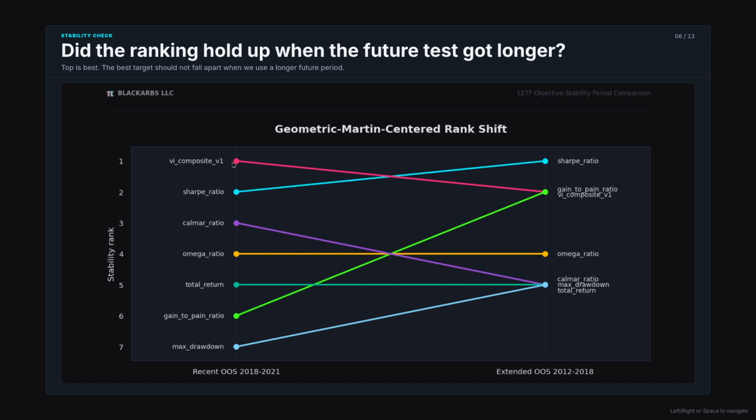So we can see on the more recent period, 2018 and 2021, that was number one, Sharpe ratio number two. And then they swapped for the extended period. So that's a pretty good sign in terms of the stability of these metrics, in terms of their overall ranking.